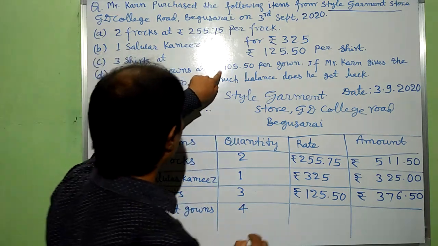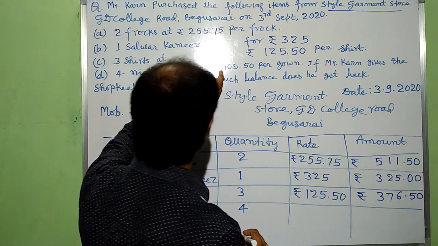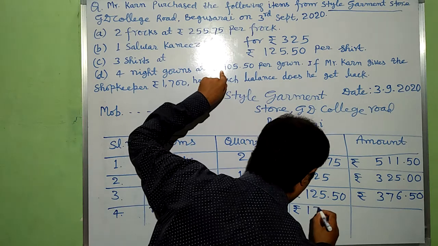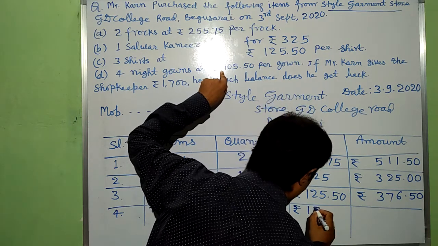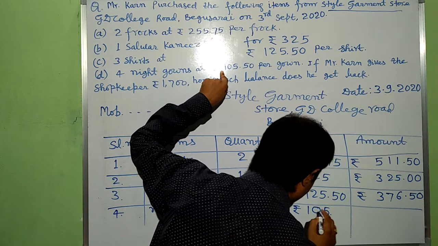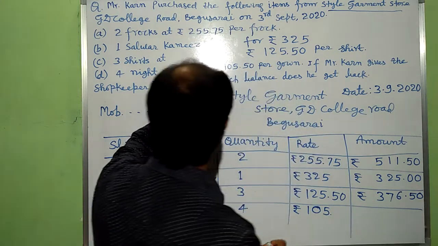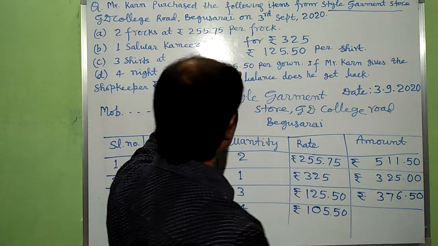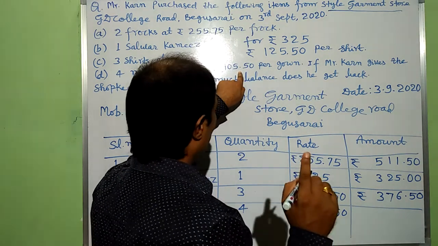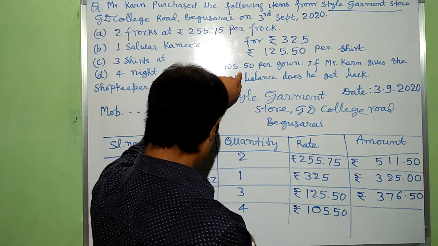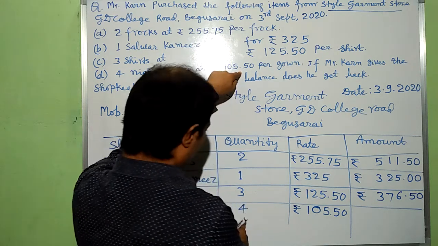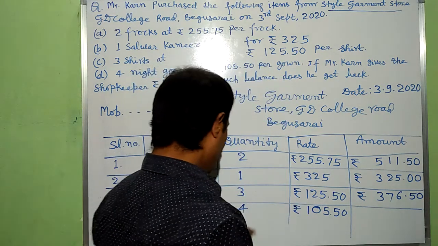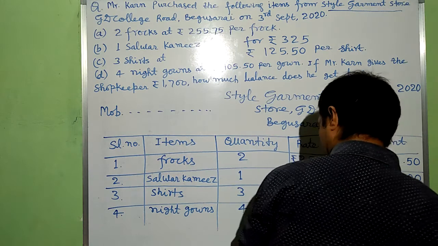Rate means cost of 1 night gown, that is rupees 105.50 per gown. This is the cost of 1 gown. We need to find the cost of 4 gowns. Quantity is 4. So we have to multiply it here by 4.